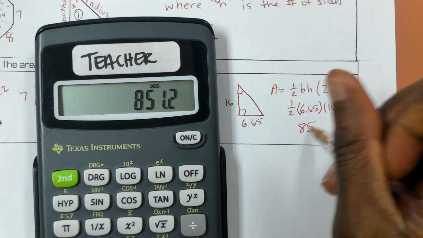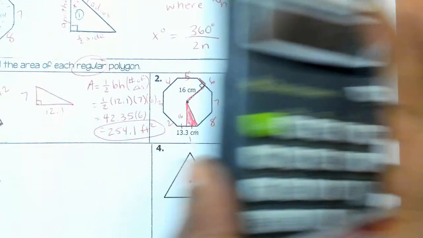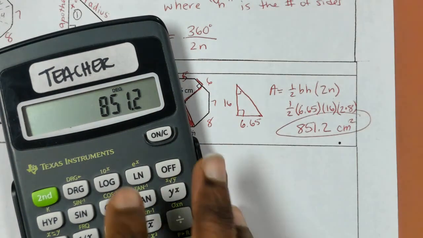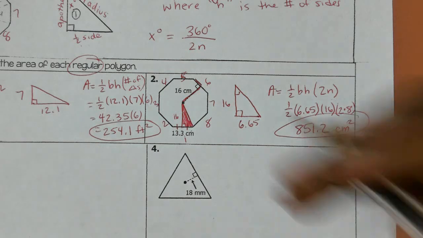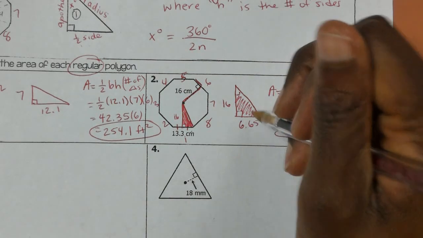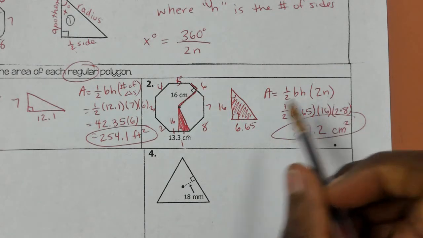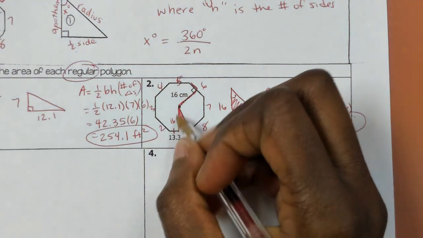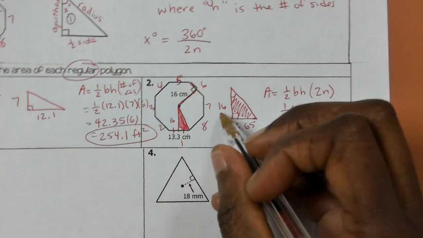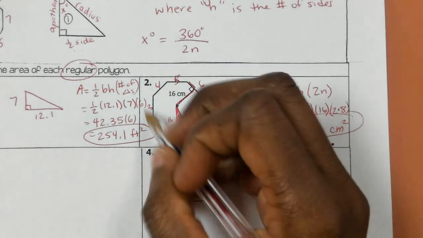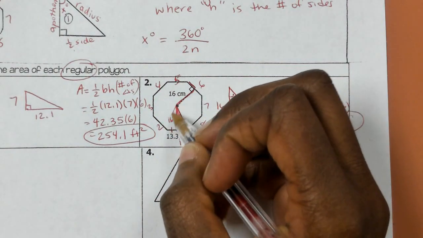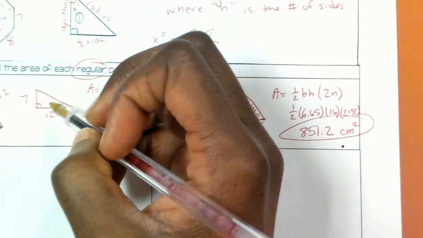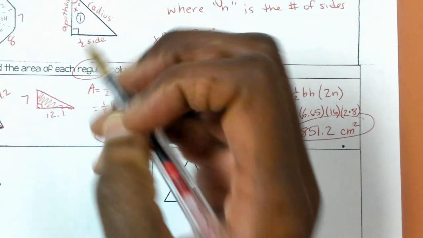So this area would be 851.2, and it was in centimeters, so centimeters squared. Okay, so again we're finding the area of the shaded piece, and then multiplying that by the number of triangles of this size that fit in my figure. It's not always 16, but because there are 8 sides and I can make 2 per side, that's why I used 16.